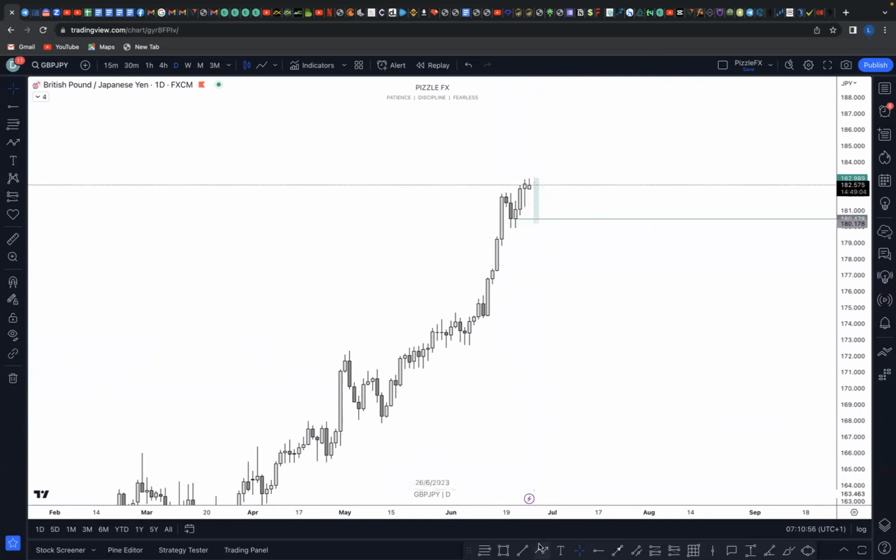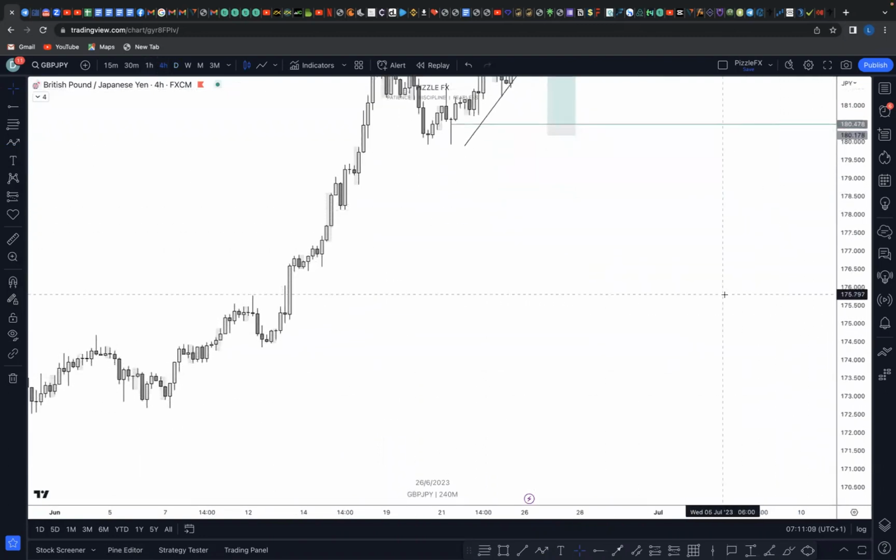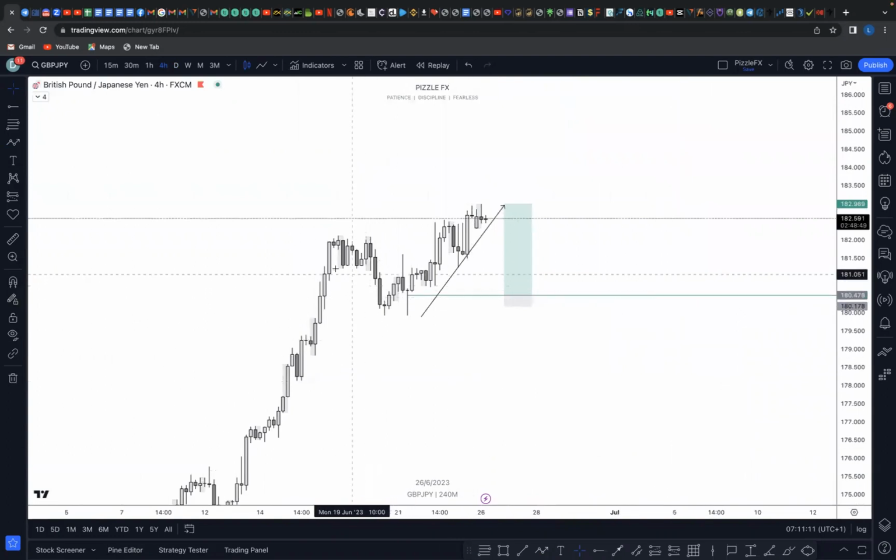Now within this impulse leg, we have ourselves H4 trading range, which we have here. We have our stop point around this level in our break of structure here. Then we have our internal liquidity. Within the range, we have the low of the range already.